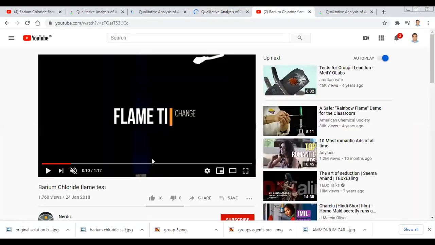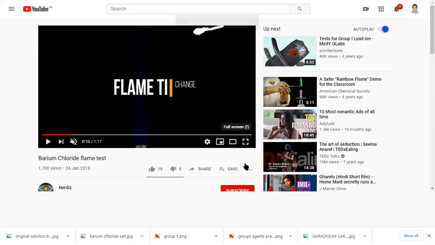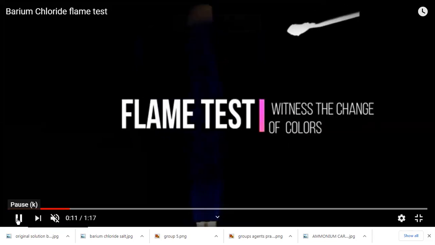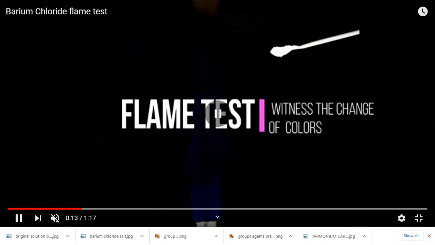We have already seen the flame test. Let us look at the flame test again, because the flame test itself is one of the important confirmative tests for Ba+2 ions. You can see that I am bringing the salt near to the oxidizing flame.